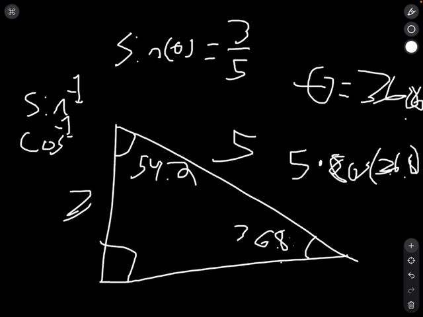So 36.8 cosine. That gives us about 0.8, and 5 times 0.8 is equal to just about 4. What do you know? It aligns with the Pythagorean theorem proved 3, 4, 5 triangle.